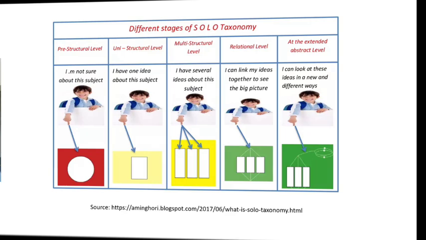If the student is able to accomplish at least one aspect of the learning outcome, that's unistructural. Different aspects of the learning outcome, that's multi-structural. If they're able to relate different aspects of the learning outcome together, that's the relational level. But if they are able to go beyond what is expected from them and introduce new ideas and new insights, that's the extended abstract level.